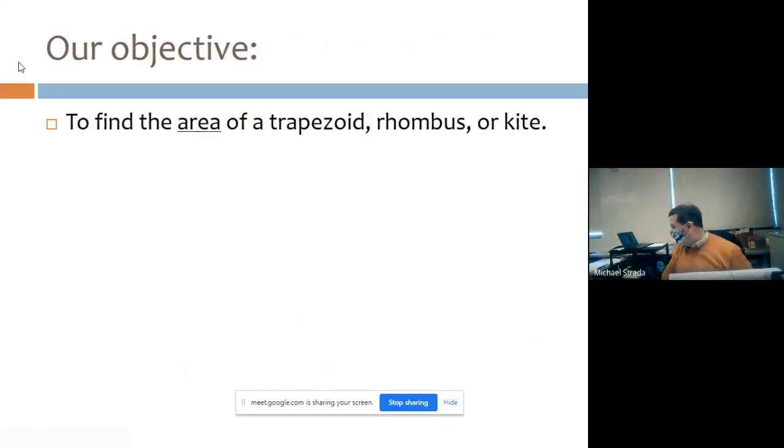Our objective is to find the area of a trapezoid, rhombus, or kite.